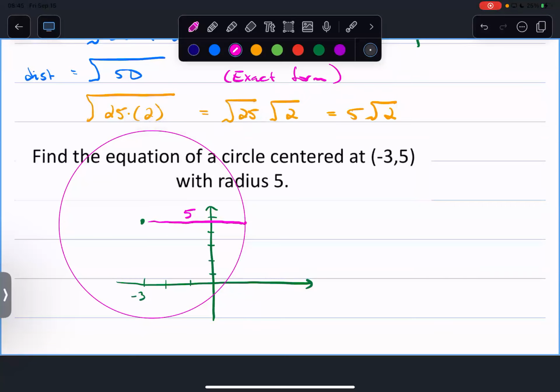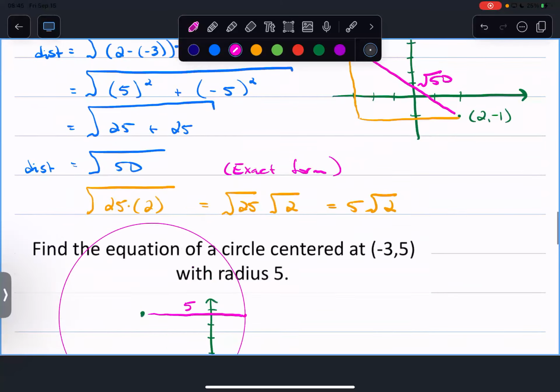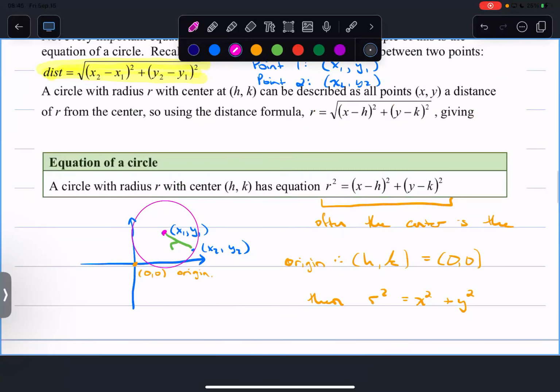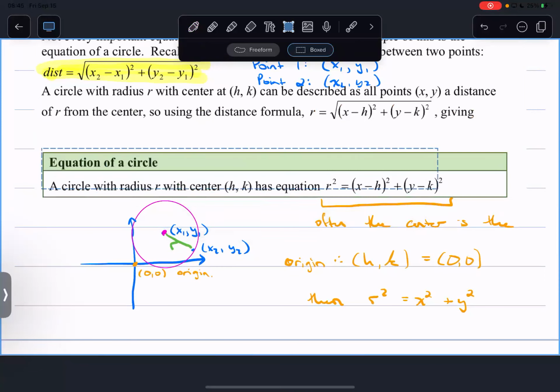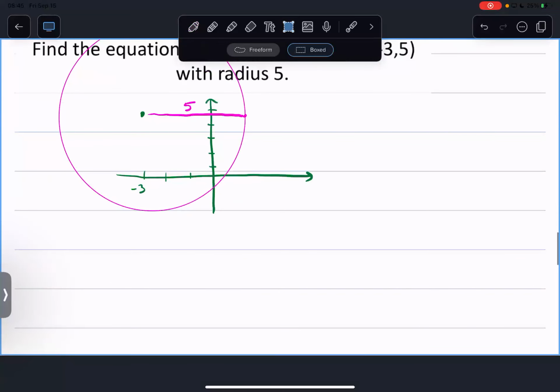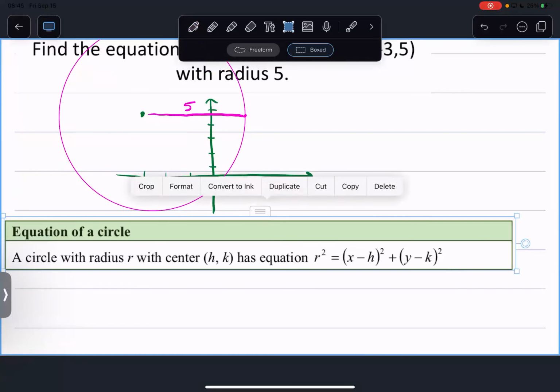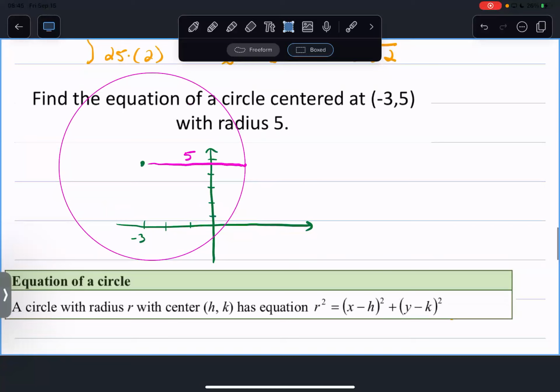Okay. And so we have the equation of a circle at any center, which we're not just centered at 0, 0 anymore. We're centered at -3, 5, which means that h is -3 and k is 5.